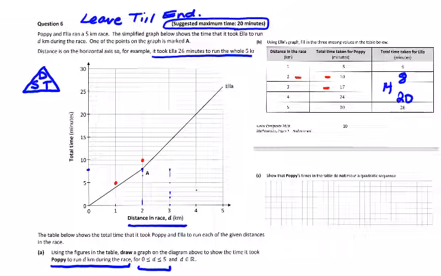So much quicker. After 3, she's at 17. Then 4, 24. Again 7 kilometers, so she's gone 5, then she's gone 7, 7, and then 5, 30 up here.